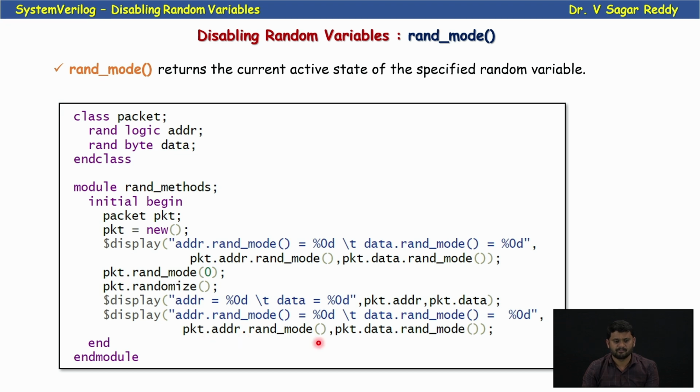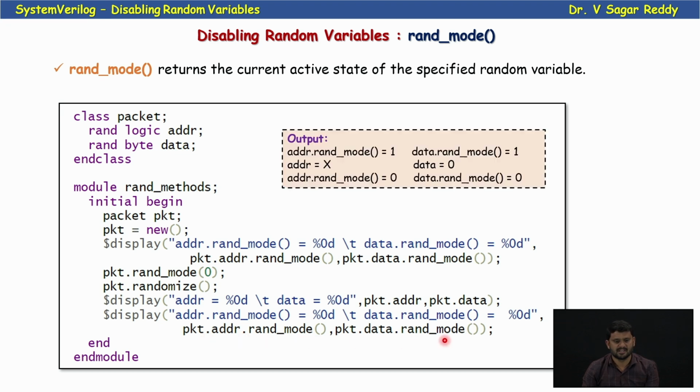Later I print the active state of both address and data. See the output for this program. Initially, the rand_mode of both address and data equals 1, because initially all are active random variables. Then I disable them and randomize, and the address is x because it's the logic type, so it is not a random variable, it is an inactive random variable.